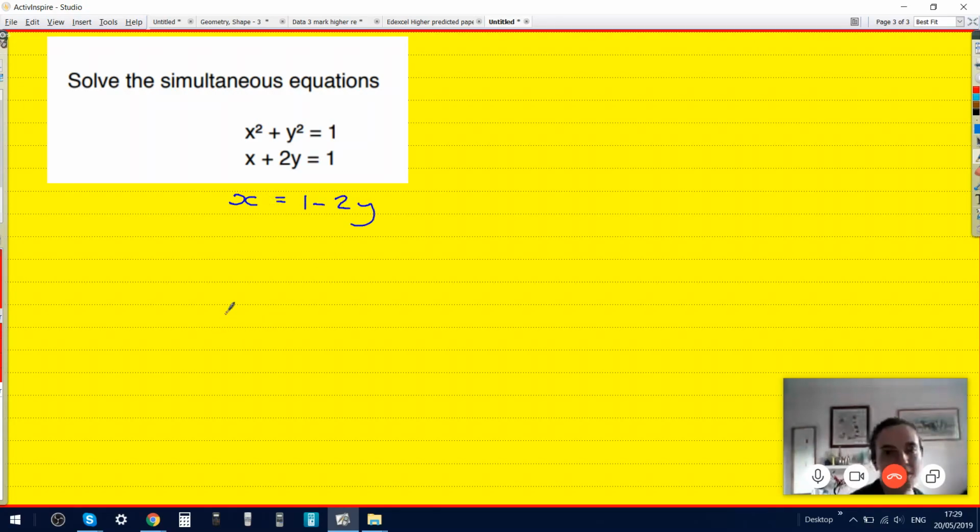And then solve by substitution. X equals x squared plus y squared. So x is equal to 1 minus 2y. And so I suppose now you could square it, I suppose.